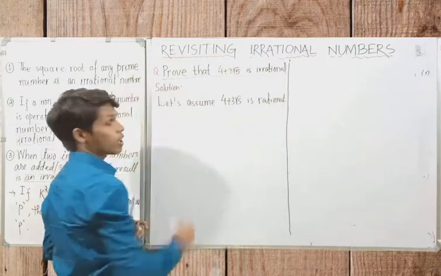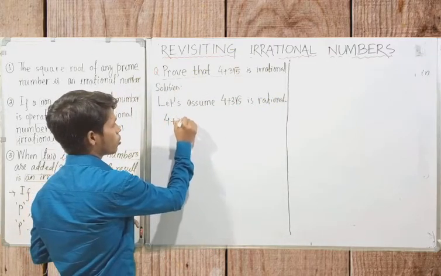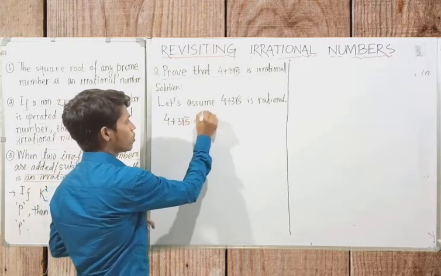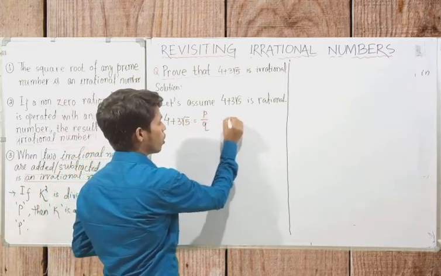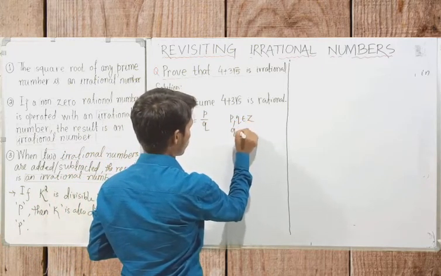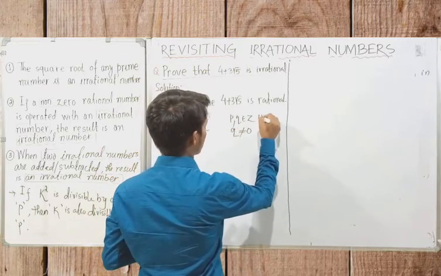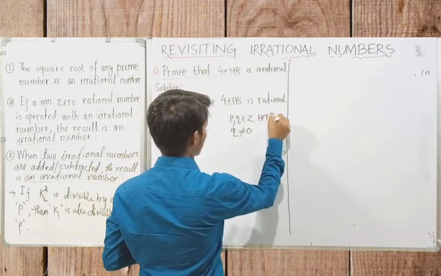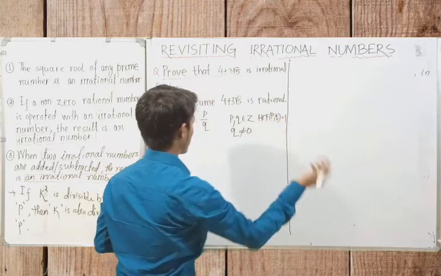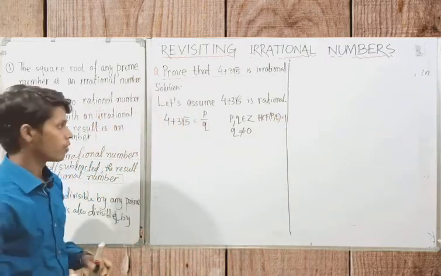So if 4 plus 3 root 5 is rational, what can we write? 4 plus 3 root 5 is equal to P upon Q, where P, Q belong to Z and obviously Q is not equal to 0. There can never be 0 in the denominator, and you can also write HCF of P, Q is 1, though it is not needed. So 4 plus 3 root 5 is equal to P upon Q.